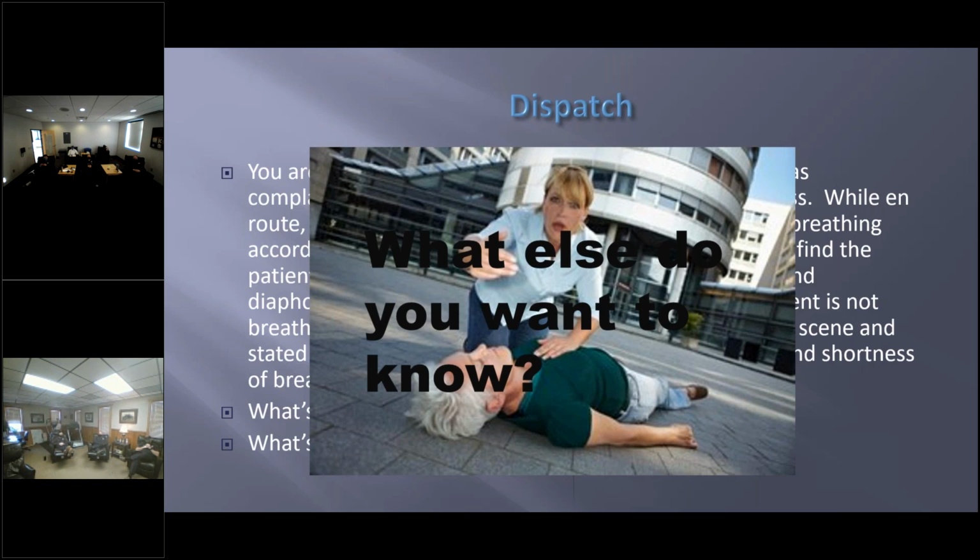Now, as far as our captains go, and if we have additional resources, let's try and find out the reason why this individual went into cardiac arrest by identifying one of the H's and T's. So remember, our H's and T's are the common reasons of individuals going into cardiac arrest. So for our H's, we have hypovolemia. So we got low fluid, internal or external bleeding.